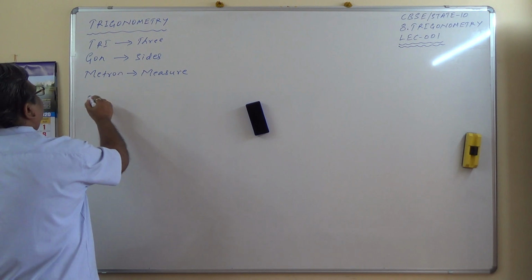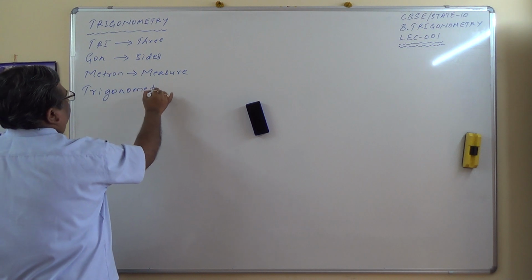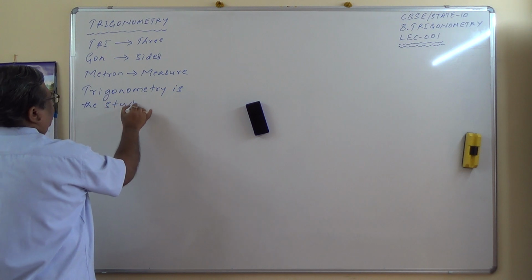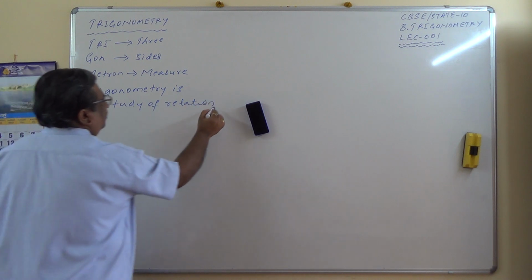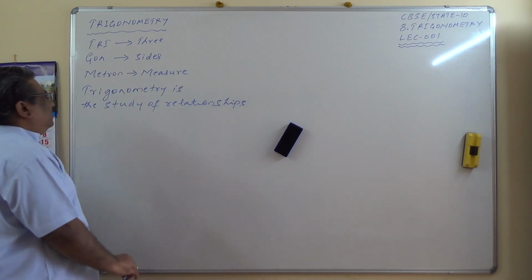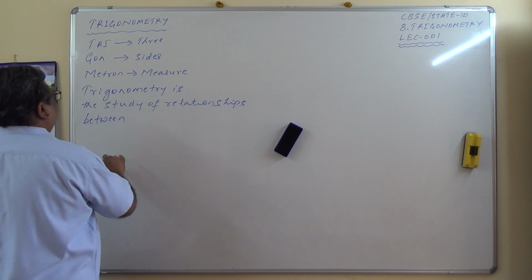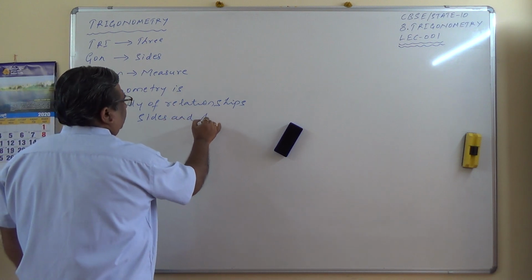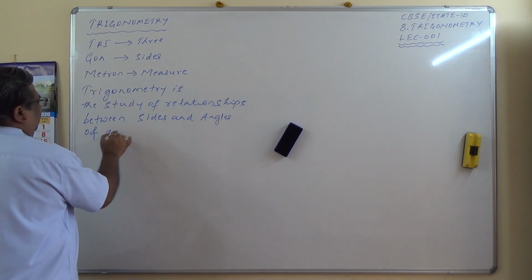So trigonometry is the study of relationships between sides and angles of a triangle.